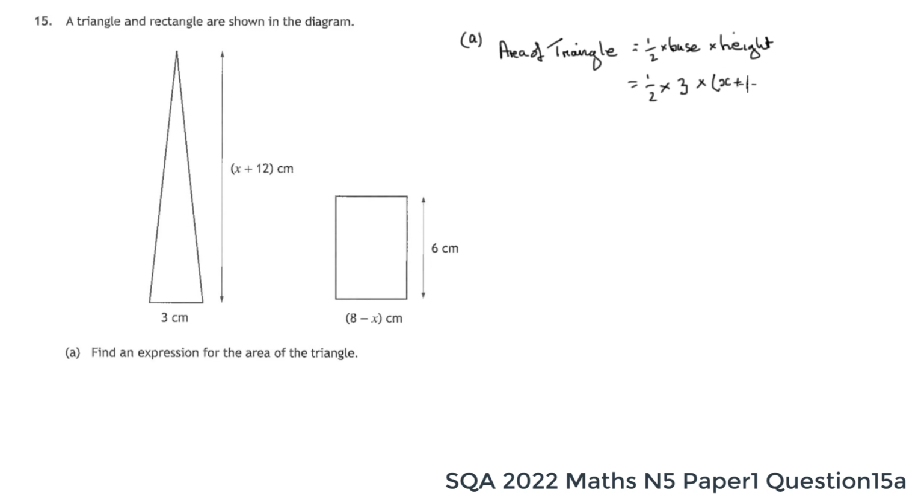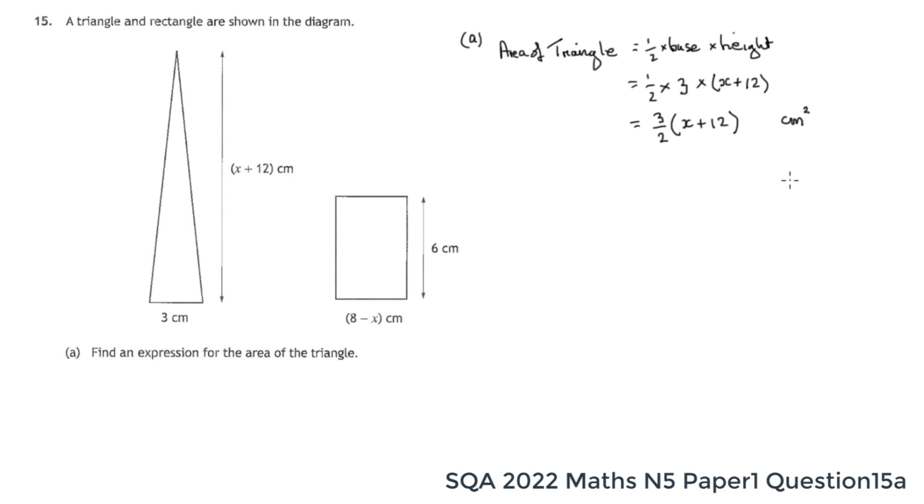It's x plus 12. Now I'm going to write a half of 3 not as 1.5, but as 3 over 2. And that's multiplying the bracket with x plus 12 in it. Now there's the expression. The units when we find area will be square centimetres.